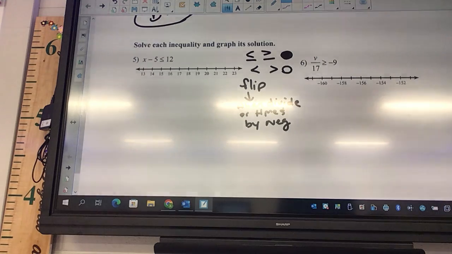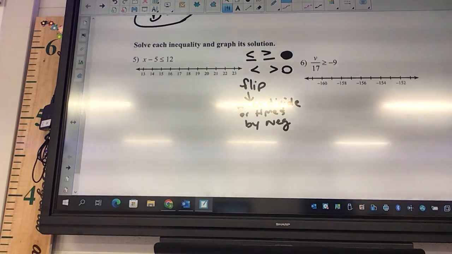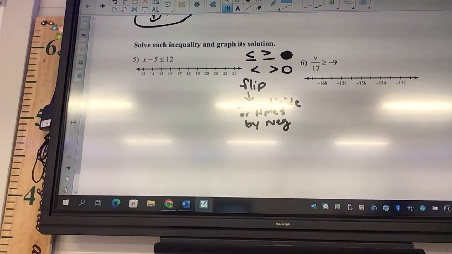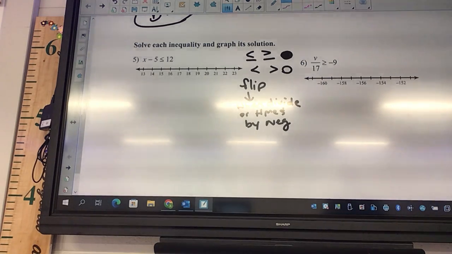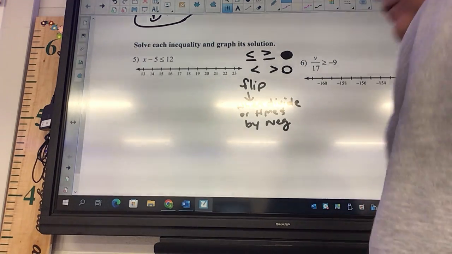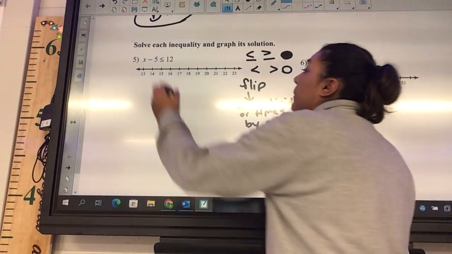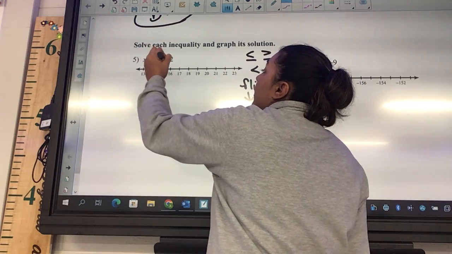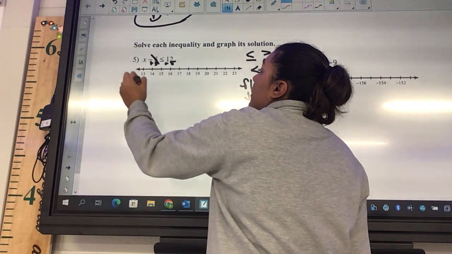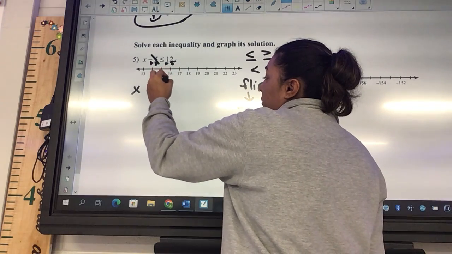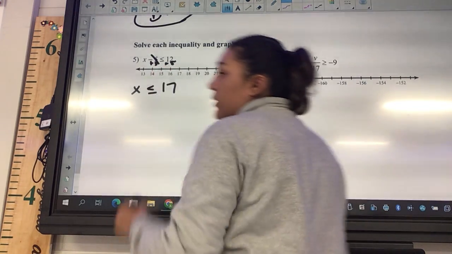Okay, so if we look at the first one, what do we need to do? We need to get x by itself. Plus 5. Okay, so I'm going to say plus 5, plus 5. What is 12 plus 5? 17.